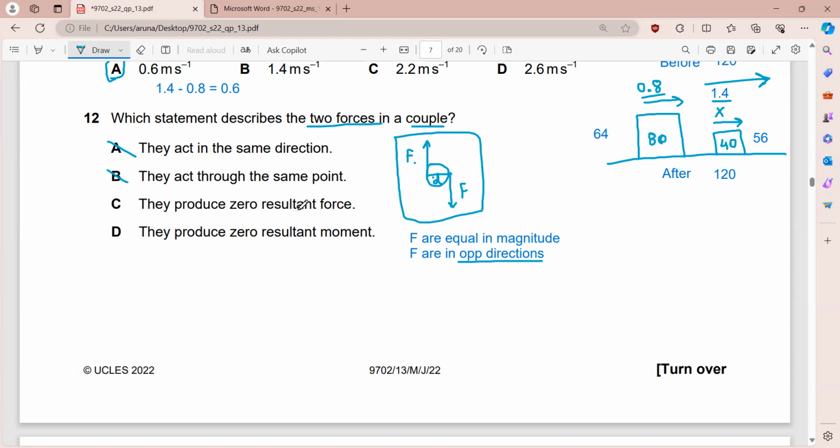They produce zero resultant force. Yes, since the forces are equal in magnitude and act in opposite directions, they will cancel out, giving you zero resultant force. But let's just check with the last option. They produce zero resultant moment. That is not true. They produce a moment in either a clockwise or anti-clockwise direction, as you've seen earlier. So the option is C.